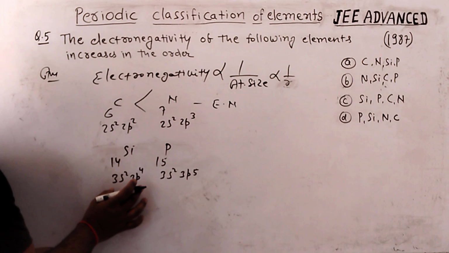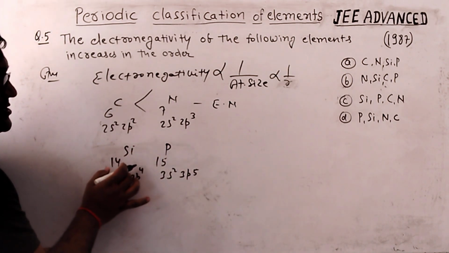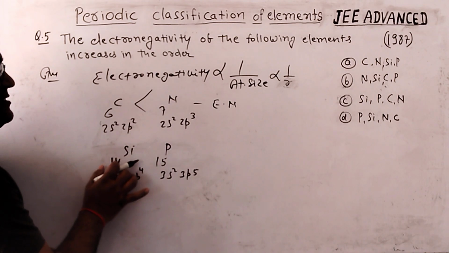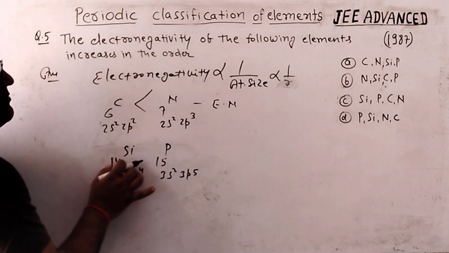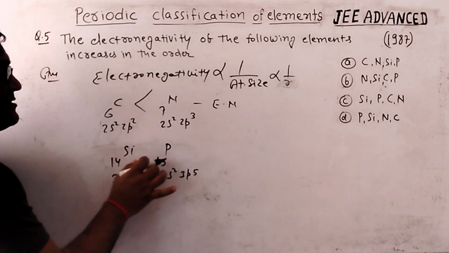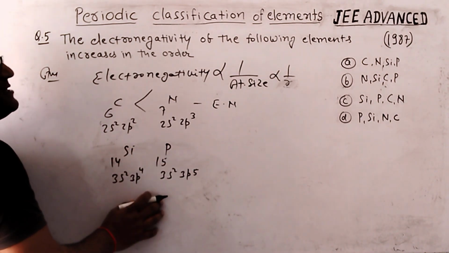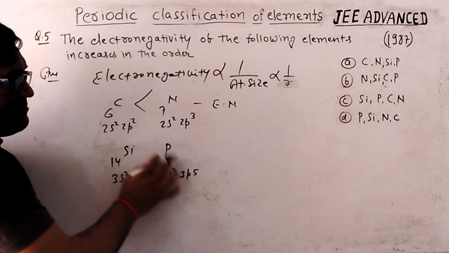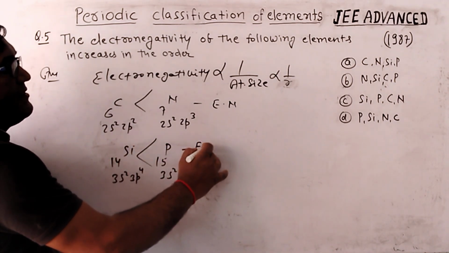Now these elements are members of period number 3. So in the same period, left to right, with increase in nuclear charge and atomic number, atomic size decreases, and with decrease of atomic size electronegativity increases. So the correct order of electronegativity is here.